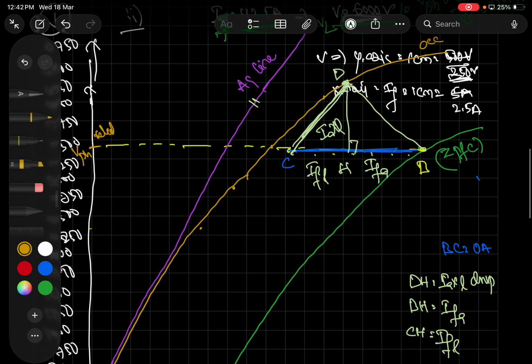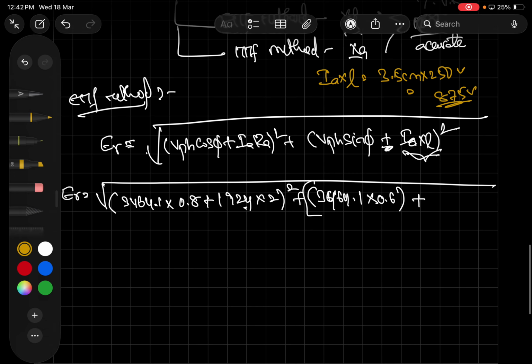I am taking this value IAXL, which will be used in the EMF method formula here. 875, boxed so that you can understand this.